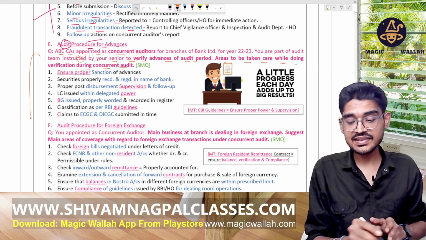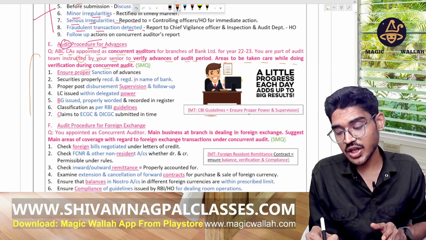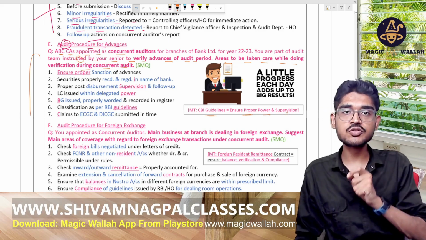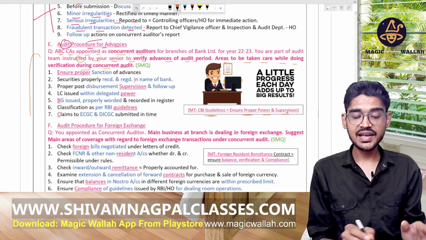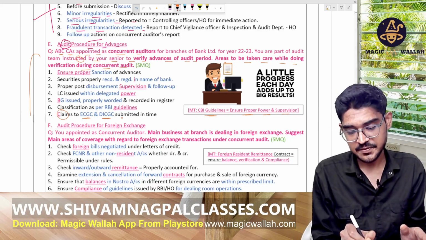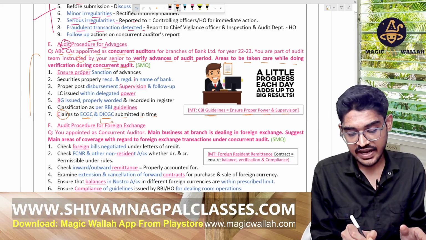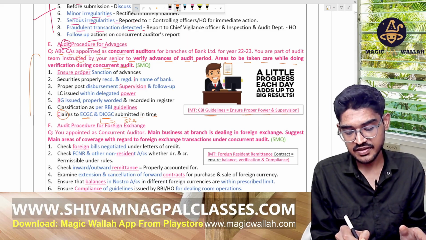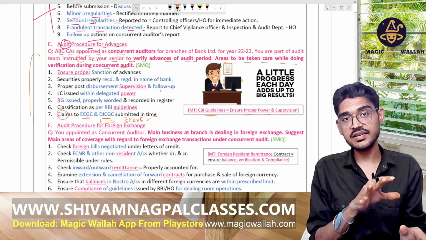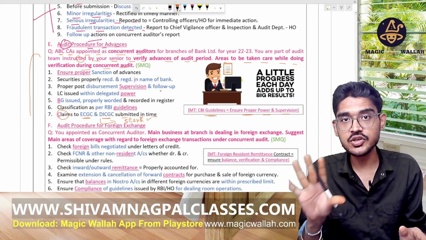Check this: CBI guidelines, proper power and supervision. By C we mean claim to the ECGC and the DICGC. As we know, we get a guarantee up to 5 lakh. Okay, if the bank sinks, we will get the 5 lakh insurance, free insurance.